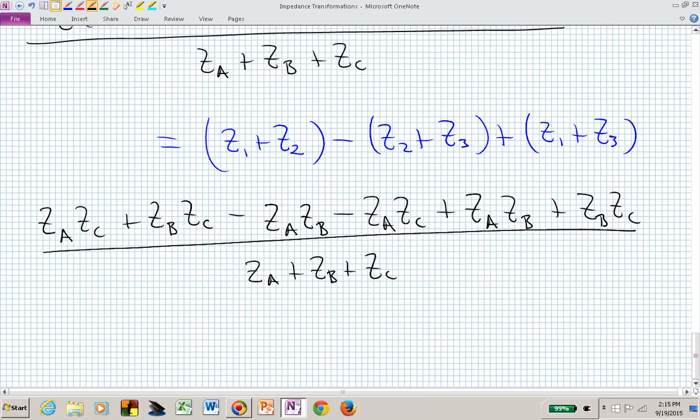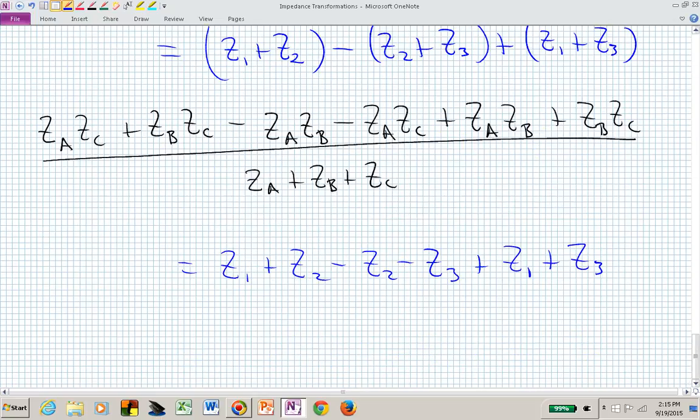And that's now equal to Z1 plus Z2 minus Z2 minus Z3 plus Z1 plus Z3. If we look at what we have up above, the AC, we have that with a minus. We'll lose that combination. We have a Z sub B and a Z sub C twice with a positive sign. I'll leave that, but we have a minus Z sub AB and a plus Z sub AB.